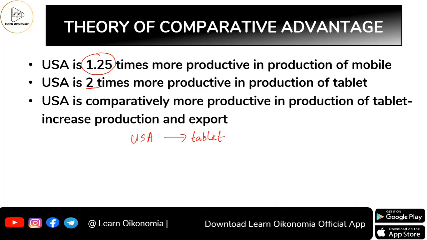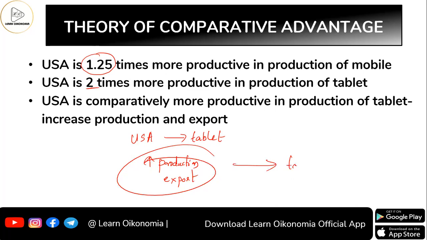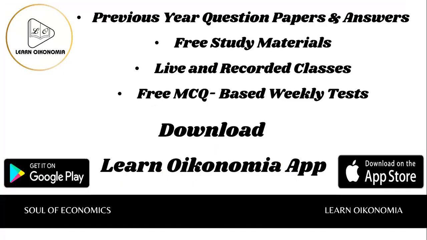So what USA can do here is that it can increase the production as well as export of what? Tablet. So this is what we could find from the theory of comparative advantage given by David Ricardo. So that is all for today.